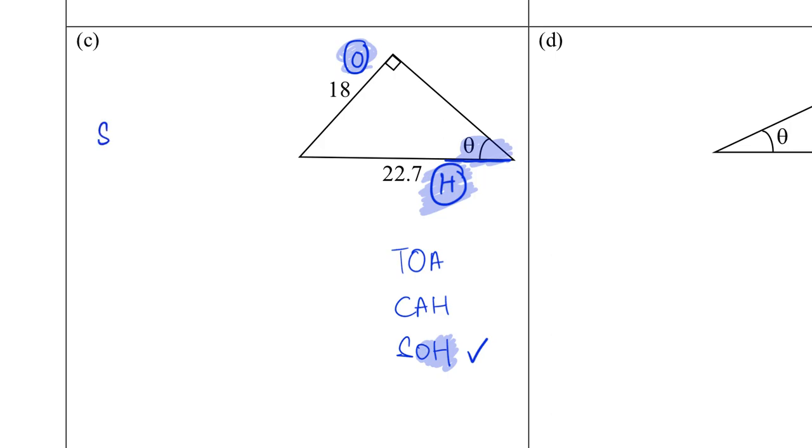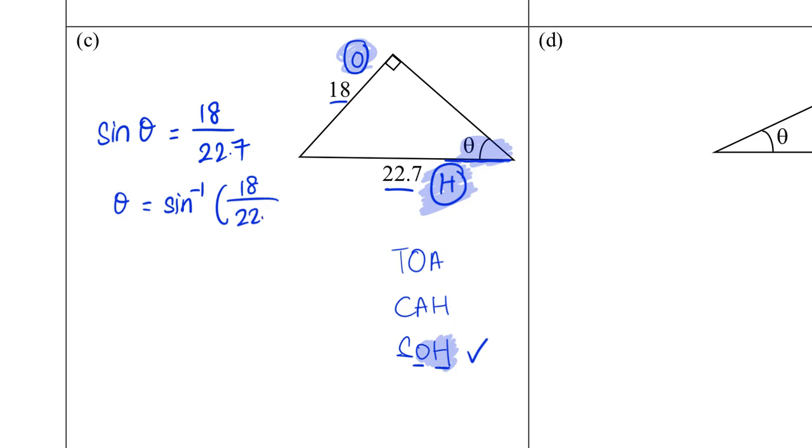Yeah, so sine of angle theta is equal to opposite, 18, O divided by H, so over 22.7. So in order to find the angle, we will have to use the sine inverse with that -1 at the top.